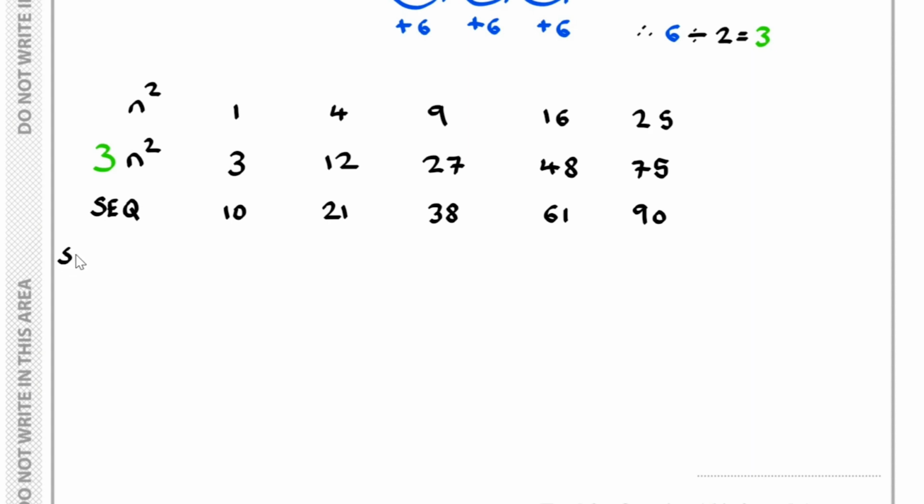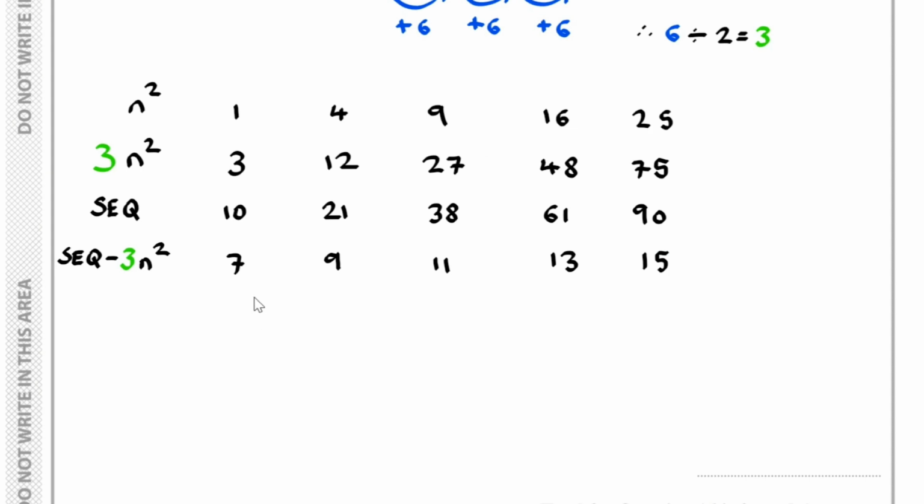So we will do sequence subtract 3n squared. 10 take away 3 is 7, 21 take away 12 is 9, 38 take away 27 is 11, 61 take away 48 is 13, 90 take away 75 is 15.